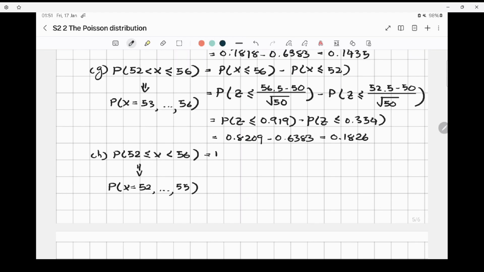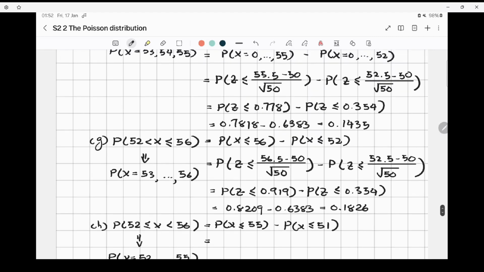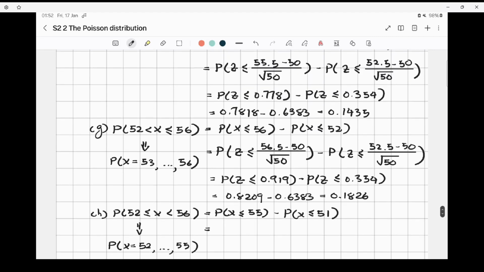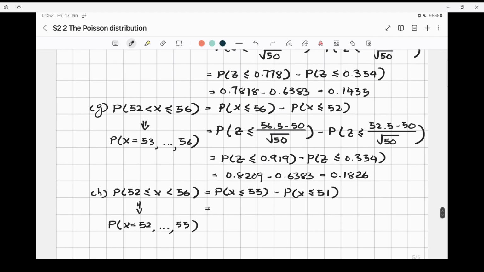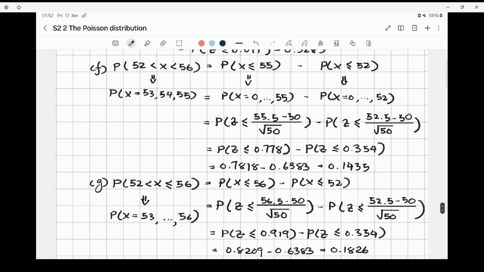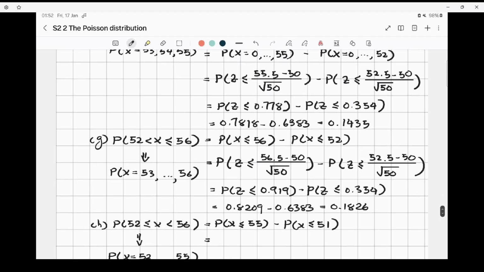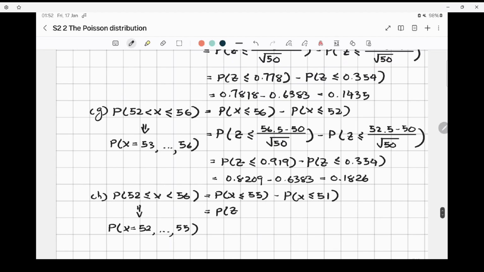So then this will be P(X ≤ 55) minus P(X ≤ 51). I've already calculated this, so I will just directly quote the answer from above. So P(X ≤ 55) will be P(Z ≤ 0.778).